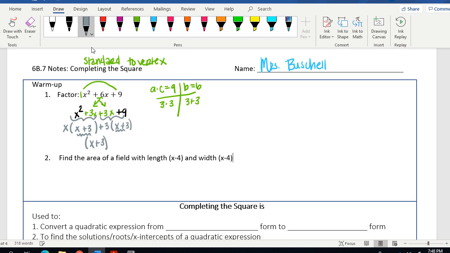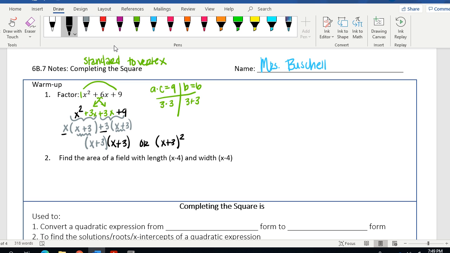So we have x plus 3 as my first binomial, and if I look, my second binomial is also going to be x plus 3. So I could write it as two binomials, or I could write it as x plus 3 squared.